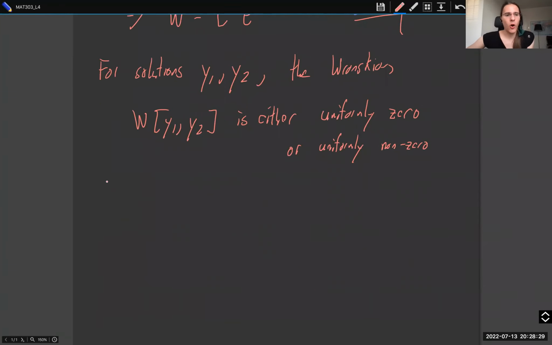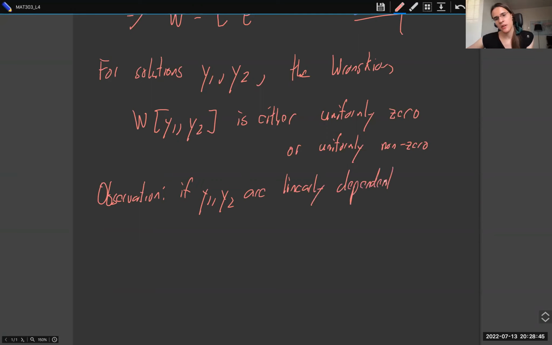Now, observation. If y1 and y2 are linearly dependent, then the Wronskian is 0.